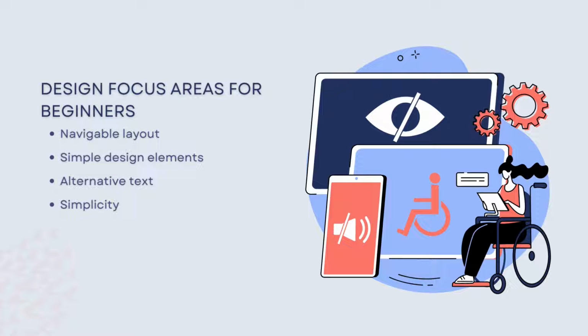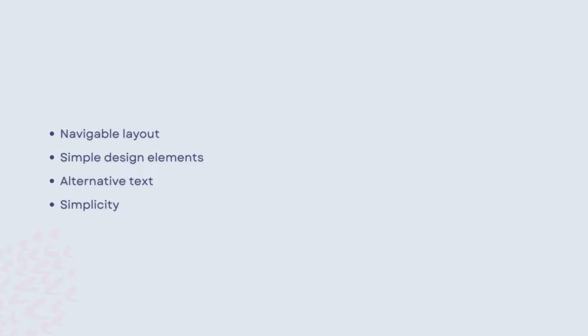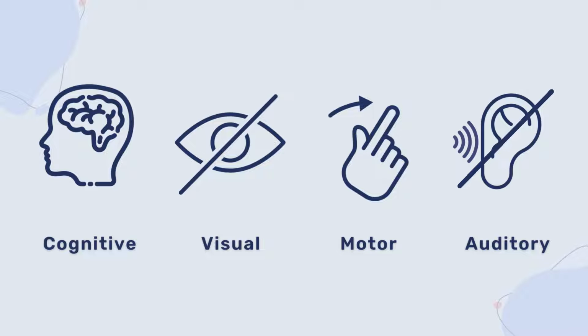The 4 design focus areas for beginners are navigable layout, simple design elements, alternatives to text, and simplicity. The most common disabilities to begin are cognitive, visual, motor, and auditory.